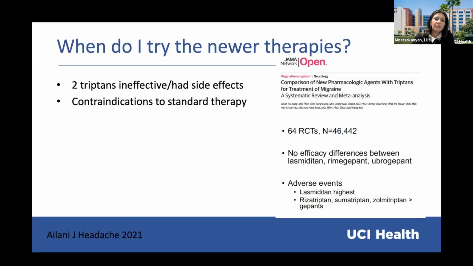So the question for clinicians comes up: okay, we have all these new therapies available. Now, what do we do? How do we pick or individualize the therapies?